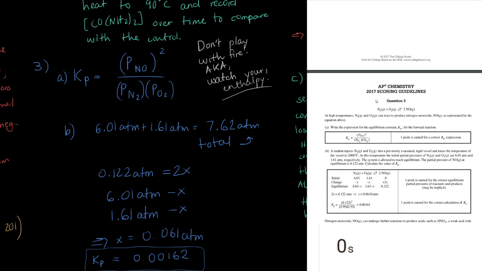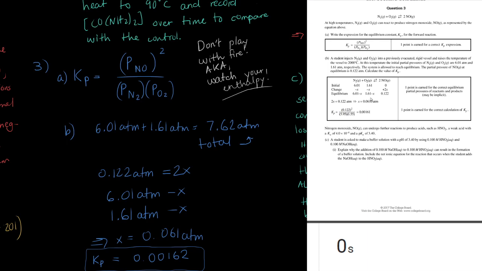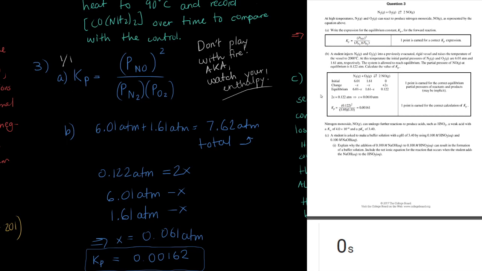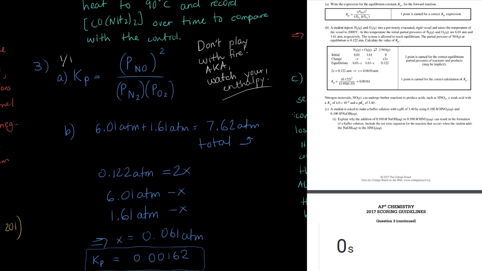There's plenty of time on question 2. Okay, we get our point for the correct Kp expression. Yep. So here, they made an ice table. I never really did those ice tables, so I just do it my own way, which is the same way, but just my own way. 1 point is earned for the correct equilibrium partial pressures of the reactants and products.